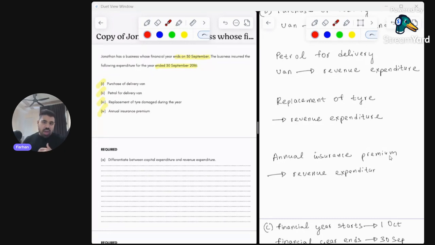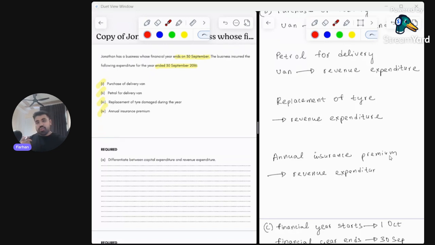You could just contact the insurance company and get your things sorted, right? So therefore, this is what we classify as revenue expenditure because this is not, again, a purchase of a non-current asset, nor are we adding value to an existing non-current asset. And therefore, it doesn't fall within the definition of a capital expenditure, but only falls within the definition of a revenue expenditure.